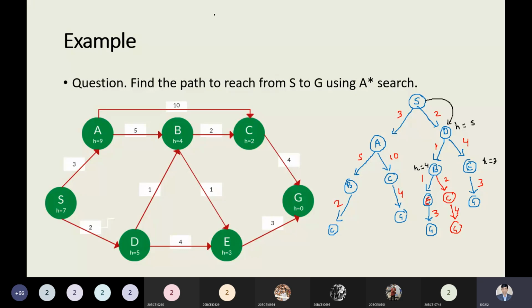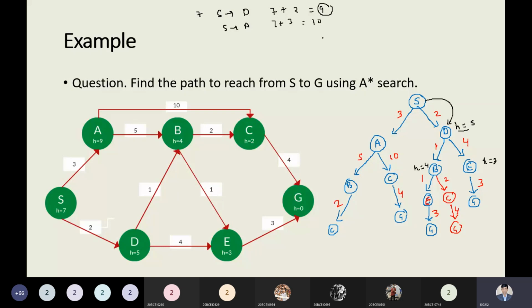Just look at this one. If I'm moving from S, initially S contains the H value 7. Please keep that in mind. If I'm moving S to D, then 7 plus 2 is the cost, so we will get 9. If I'm moving S to A, then 7 plus 3, so it will be 10. That is the reason I'm moving to D. Now D contains 5, so 5 plus 1 I'm adding.